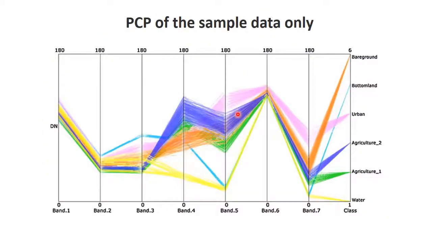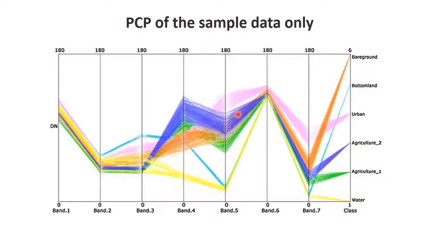So here we see the parallel coordinate plot of our data. Here we plot the various bands, the spectral bands. So we have 7 bands here, and the class together. And so we immediately notice natural grouping in this parallel coordinate plot. We also notice a few other things.